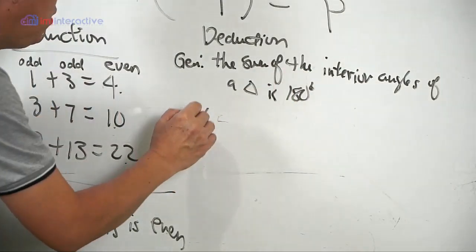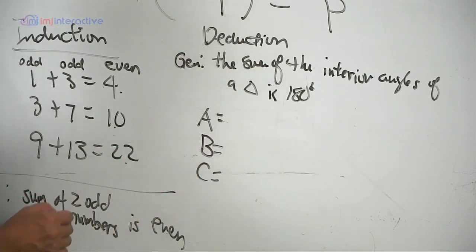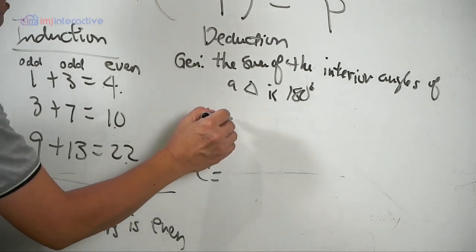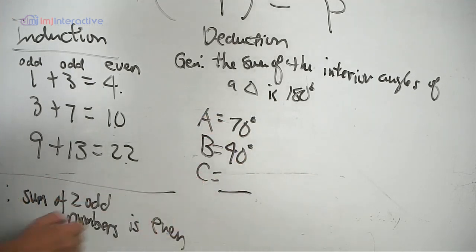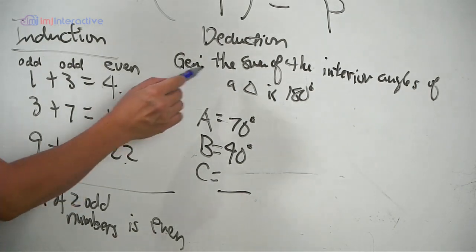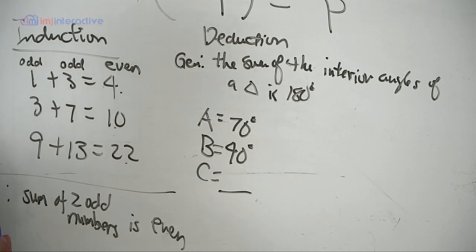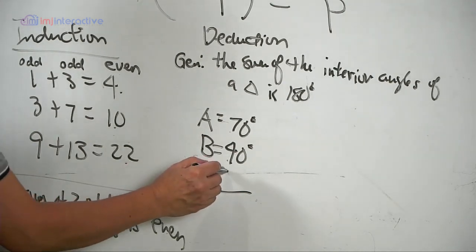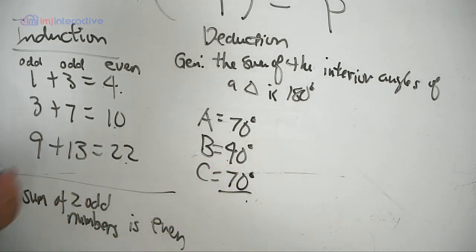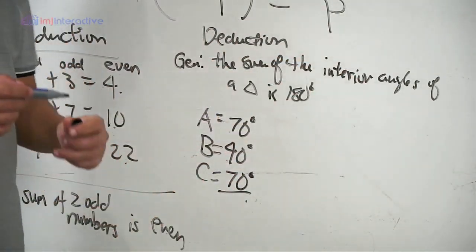Let's say angles A, B, C are the interior angles of a triangle. Let's say A is 70 degrees and B is 40 degrees. What is the measure of angle C? Since you know the general statement that the sum of the interior angles of a triangle is 180, all you have to do is add these two and subtract from 180. So this must be 70 degrees. This is a general statement and this is a particular case. Deduction.